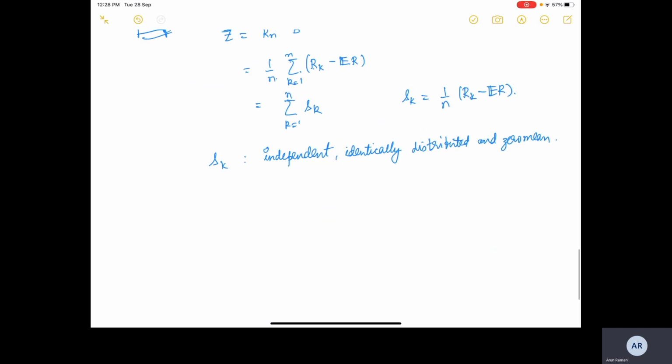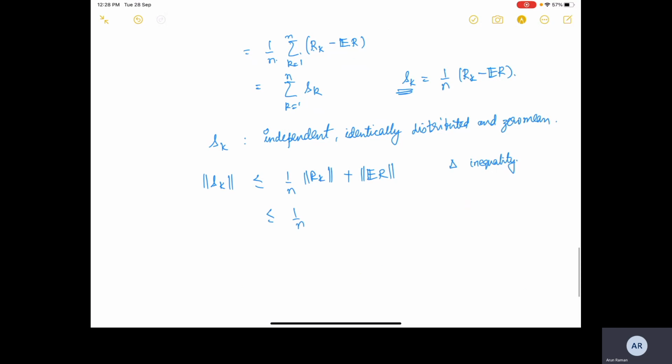So now that we have this as Sk, we are interested in the spectral norm. We can write that using the triangle inequality. So here we have used the triangle inequality.